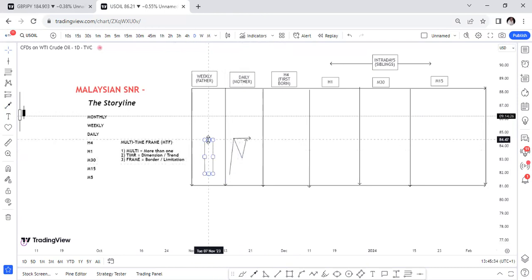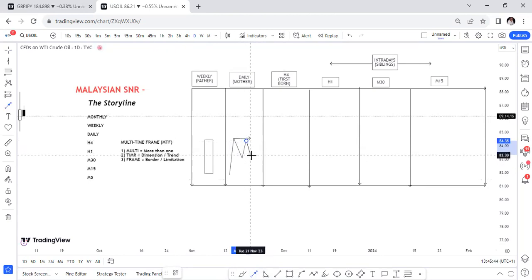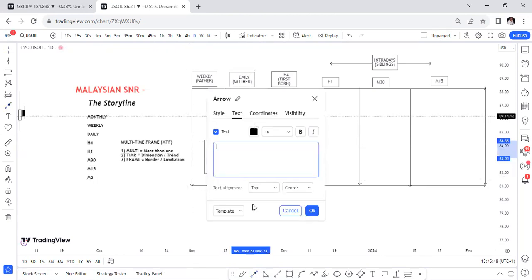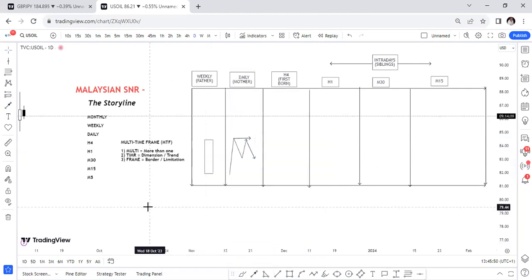This resistance will be the borderline in the daily time frame. You see this structure. So that means the price will likely come down to this place or go higher.